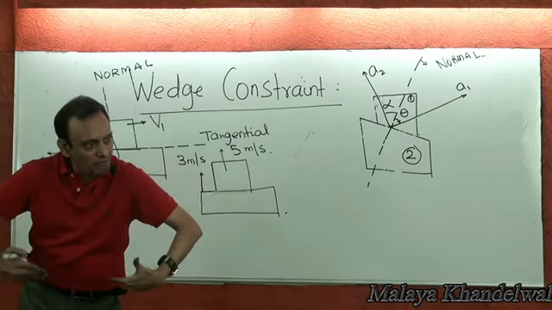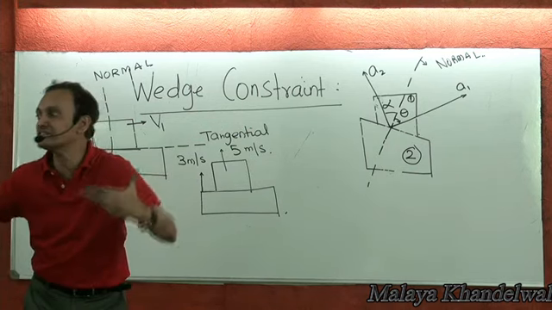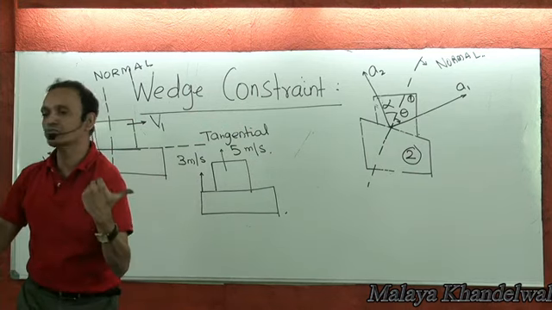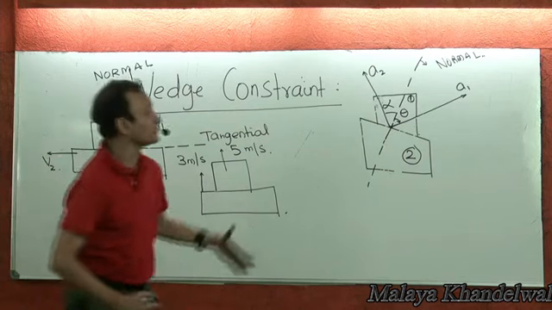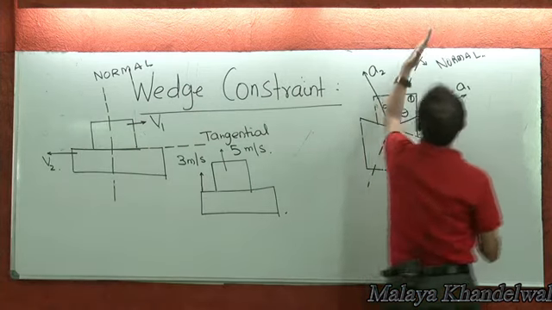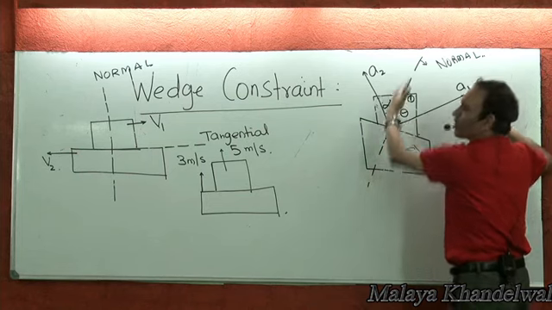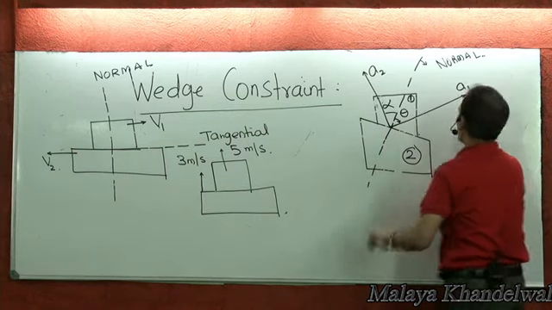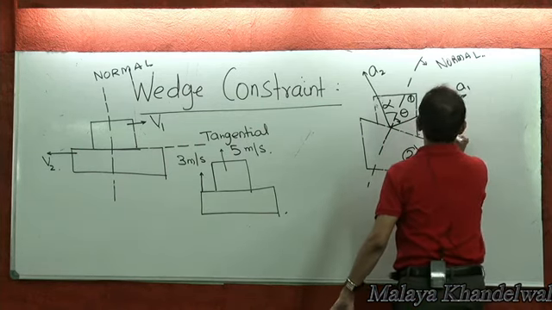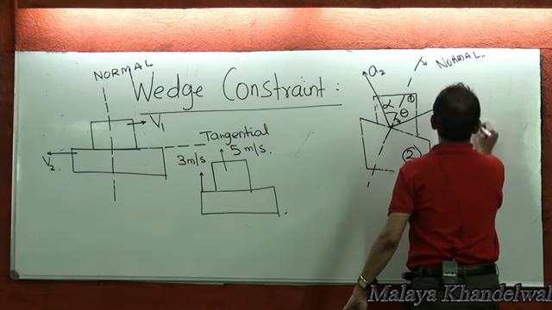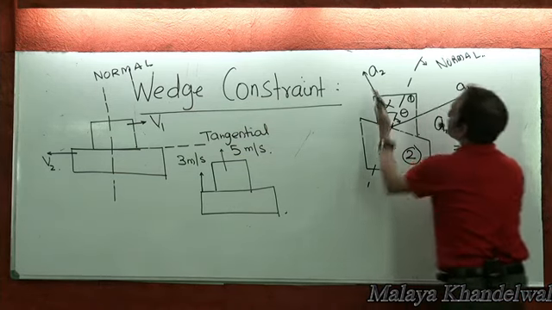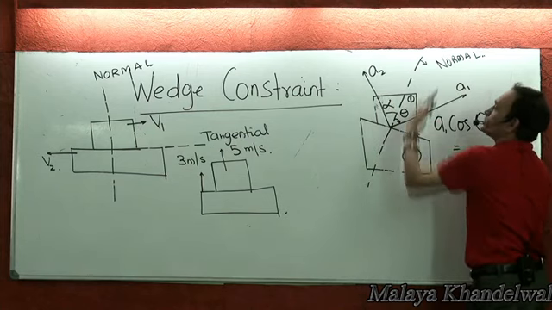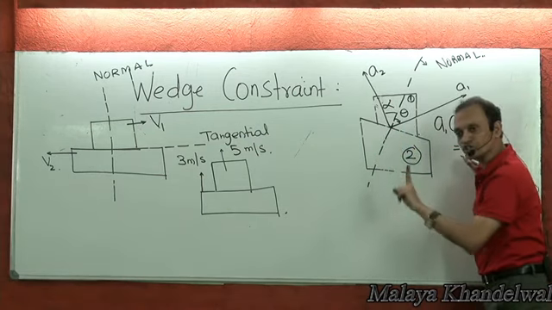Along the common normal, they must have the same velocity, they must have the same acceleration in order that they could maintain contact. That means, what's the acceleration of 1 in the common normal direction? a1 cos theta. What's the acceleration of 2 in the common normal direction? a2 cos alpha.